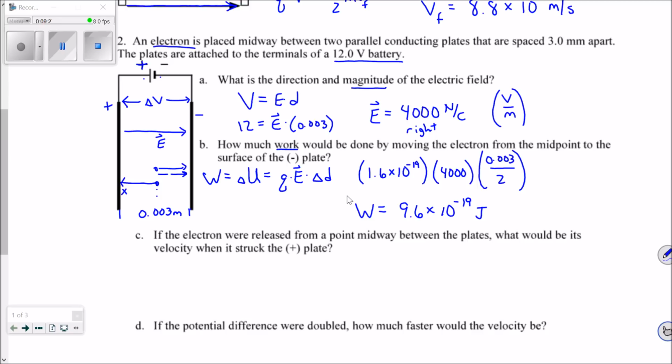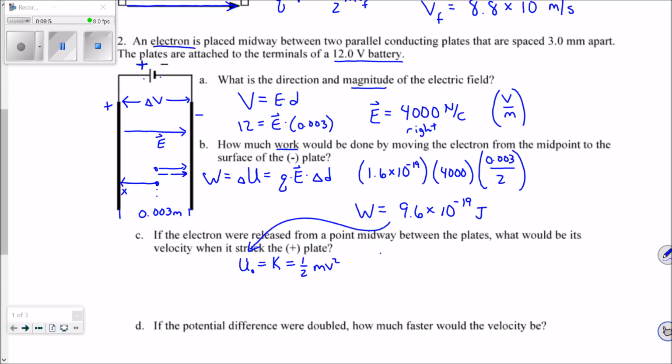This is just like question number 1, which means the potential energy that we had at the beginning is going to equal kinetic energy at the end. I already have the amount of energy here. So I already have a value that I can use, and so all I have to worry about is the right-hand side of this equation, which is going to be 1/2 mv squared.